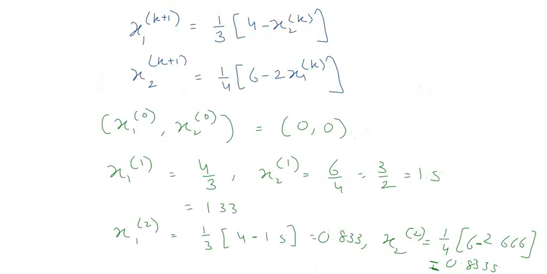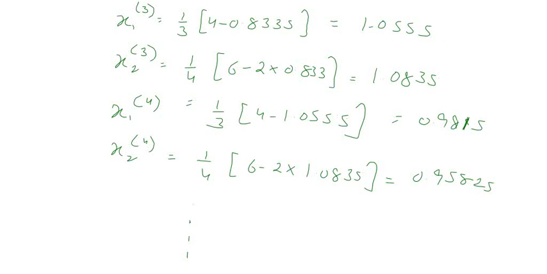The other iterated values for further steps are given as follows. If you look at the pattern of the values of x1 3 and x2 3, and x1 4 and x2 4, they are getting closer to 1 only. So this method is called Jacobi's method, which converges towards the solution.